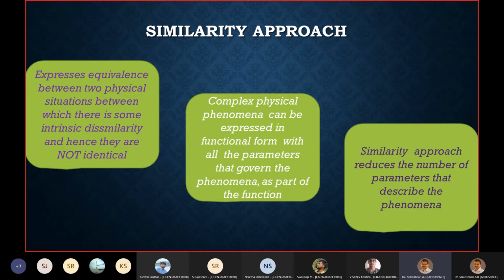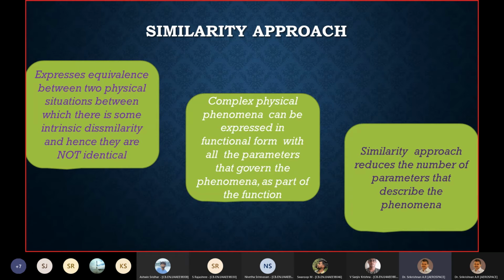The complex physical phenomena can be expressed in functional form, as when you talk about Reynolds number, rho V D by mu, or Mach number. In a sense, they are functional relations expressed as non-dimensional parameters. So for two spheres of different diameters, the Reynolds numbers are different because diameters are different, but they are similar because their shape is similar.